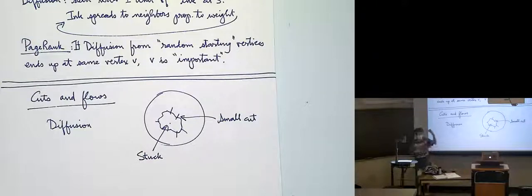There's some way in which they're deciding, here are the things that you should be looking at. Now, there's just so much content out there. What signals are they using to decide that? There are many different signals, but one of them is related to cuts and diffusion, which is that I diffuse from things I know you're interested in. I look at where the diffusion ends up and say, okay, those are the things that should be recommended. And there are many ways in which you can set this problem up.